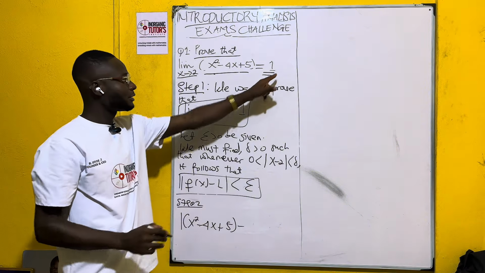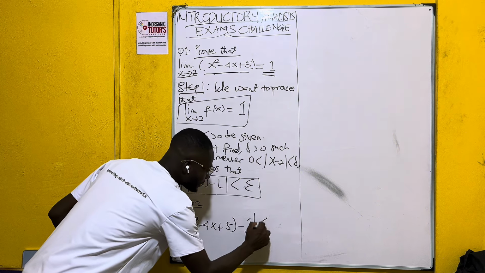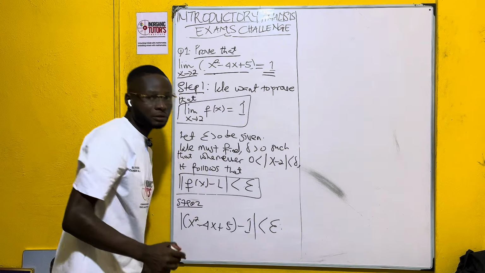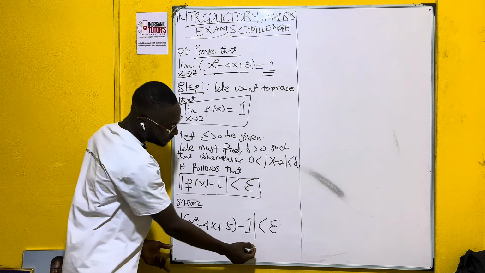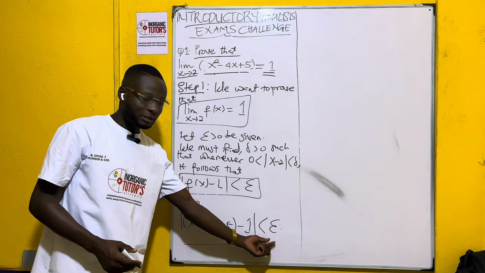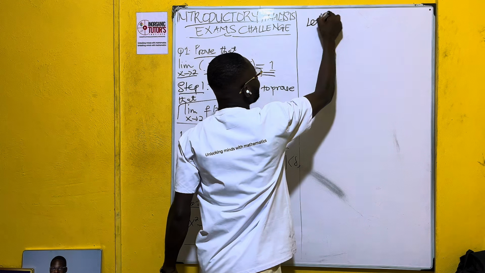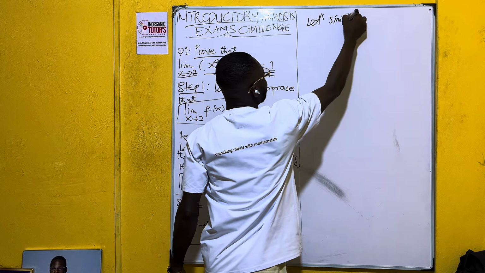The limit is 1, right? And this must be less than epsilon. So let's simplify.